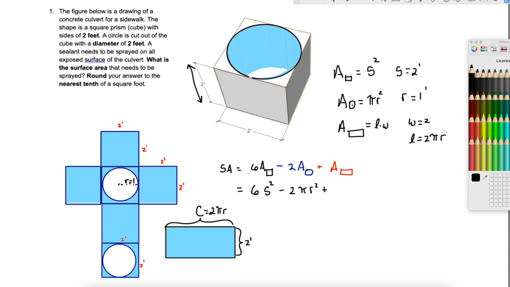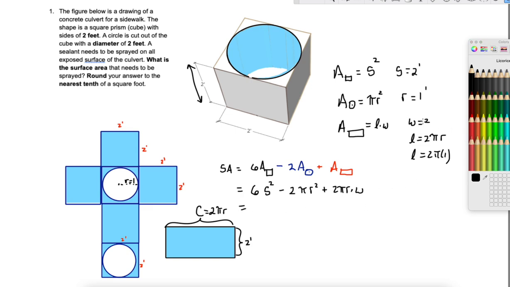And our r is 1, so our length is going to be 2 pi times 1. So in our equation here, I'm going to put a length is 2 pi times r, and our width here is w.